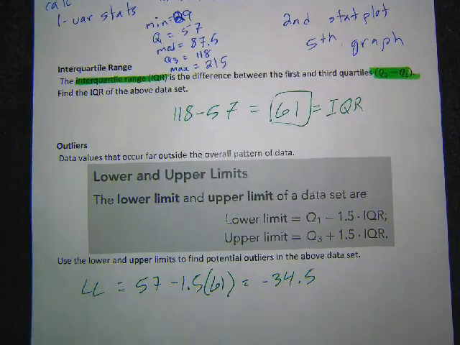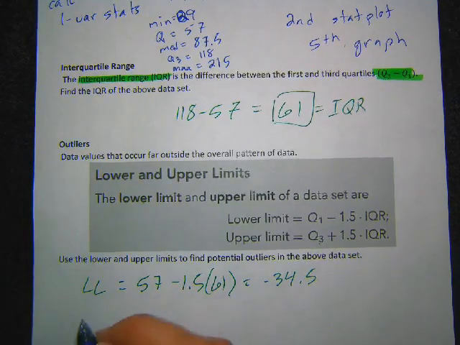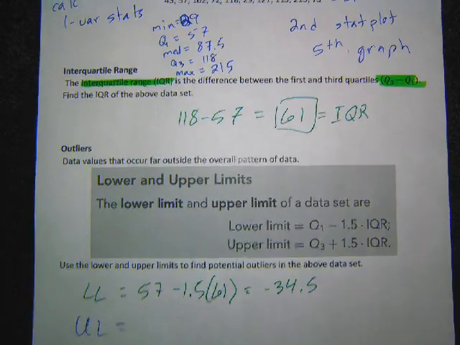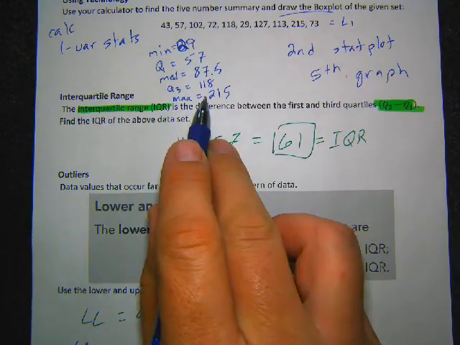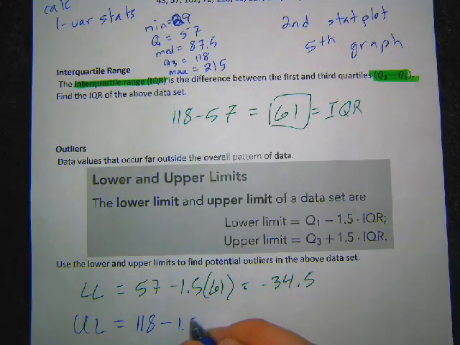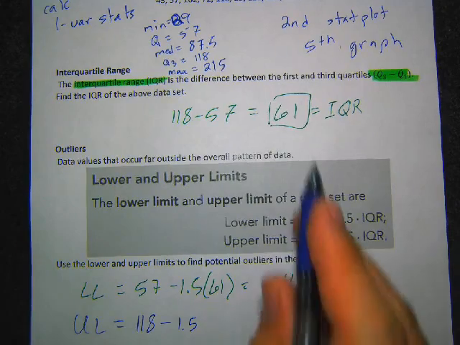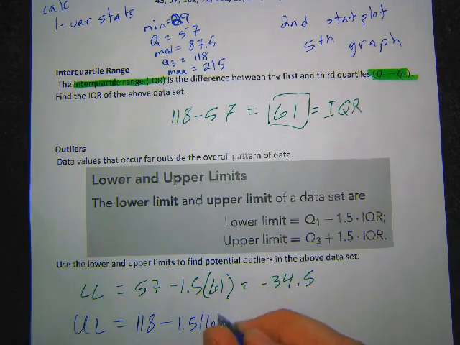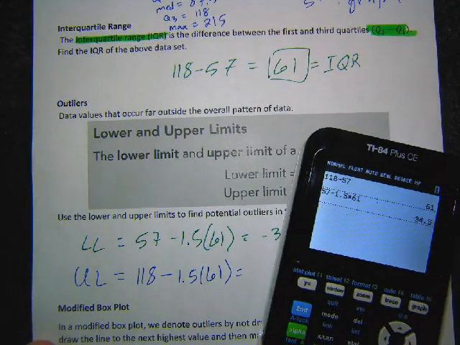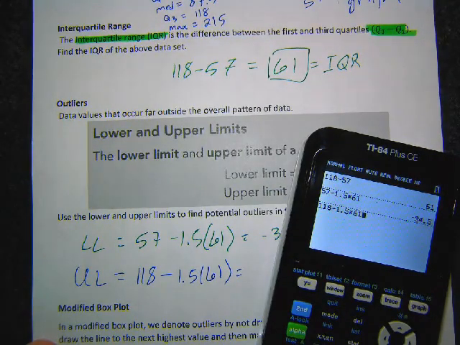Now, if I check the top value, if I go up instead of down to find the upper limit, then I take Q3, which is the 118 we have here. So take 118, and I subtract 1.5 times my interquartile range, my 61. That'll give me the upper limit. So 118 minus 1.5 times 61.